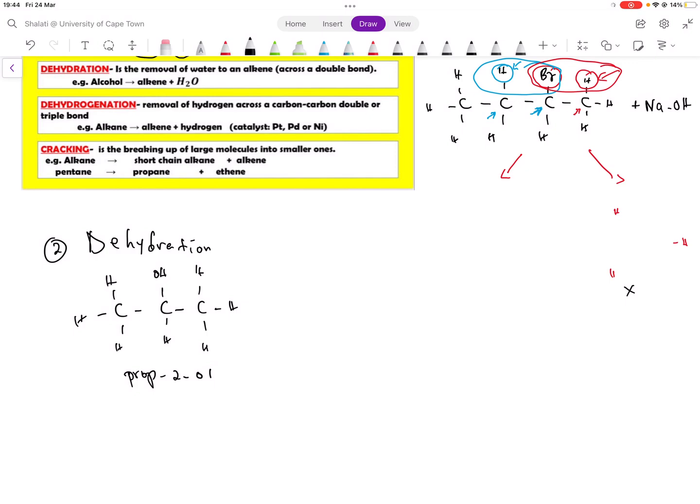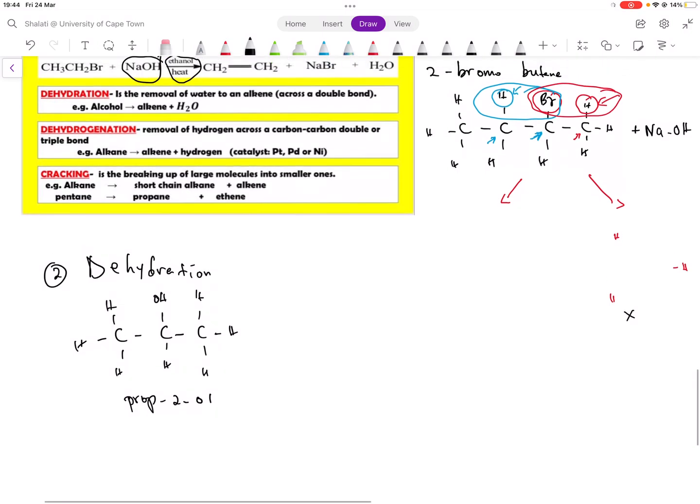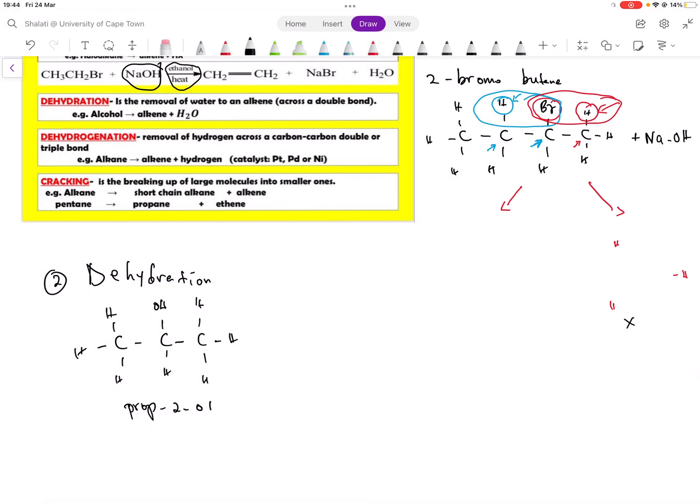Okay, so let's see what's going to happen on this one. So we're removing a hydrogen and an OH and a hydrogen. So it's either you remove on these ones or you can remove on the other one. In this case, you will still get the same alkene.